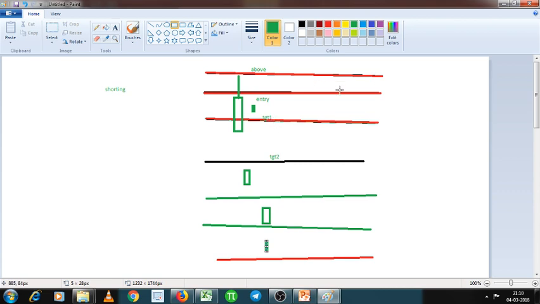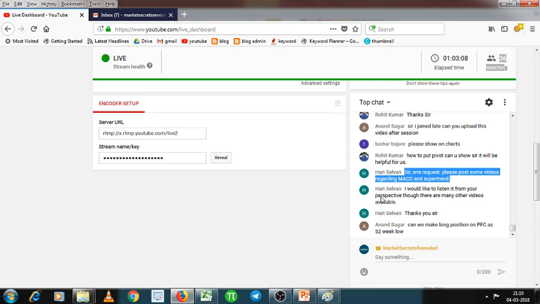So you don't have to worry about the colors. Just make use of these lines for your entry and target. So if these are totally aligned with your actual calculated entry levels or planned entry levels, the chances of success are really high. So I hope this answers your question.